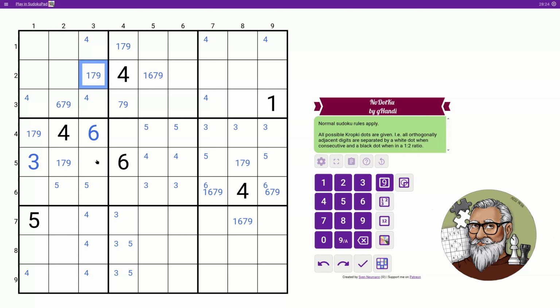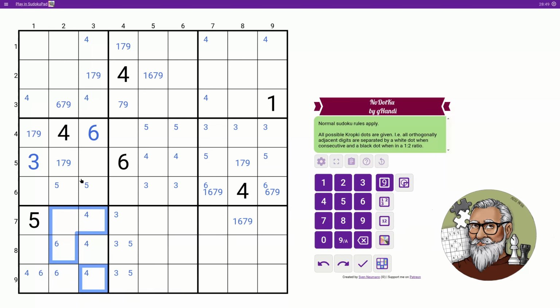Okay. Oh, now I need a 6 here. What does that mean? I need a 6 here. So this one can't be 3. But this one doesn't have to be 3, does it? Any of those could be 3, right?